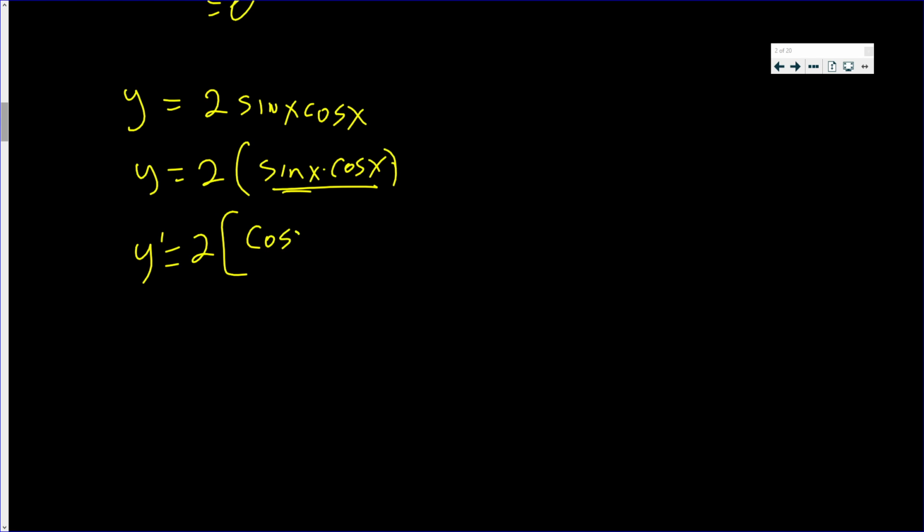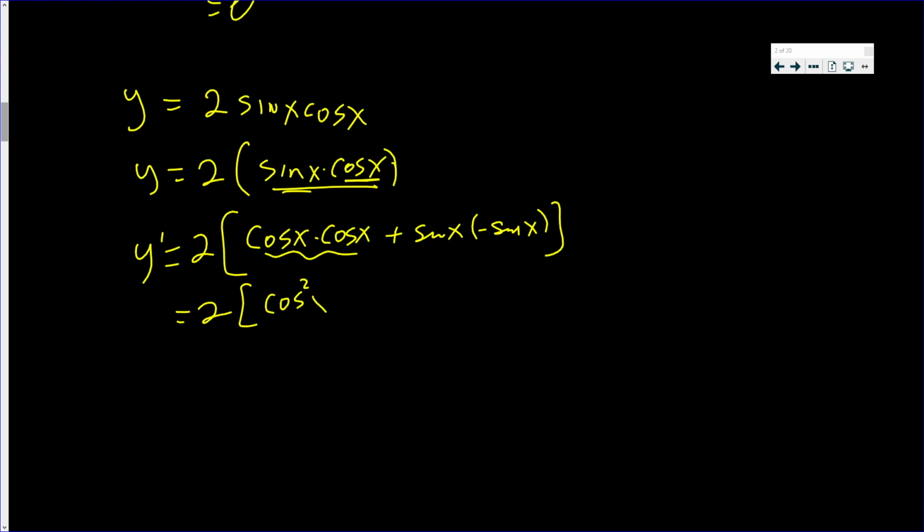So it's the derivative of the first times the second, plus the first, which is sine x, times the derivative of the second, which is negative sine x. So we have 2 times cosine x times cosine x is cosine squared x. This makes the operation subtraction. Sine x times sine x is sine squared x, and you're like, well, that wasn't that bad.